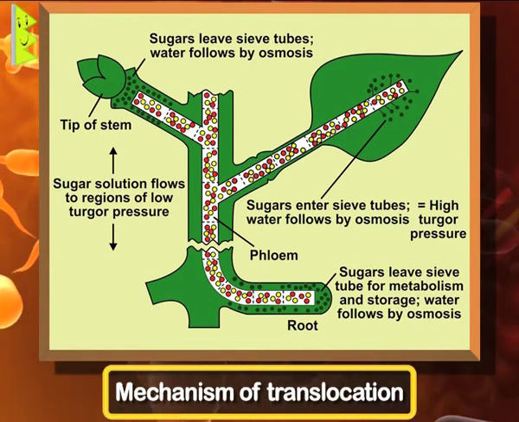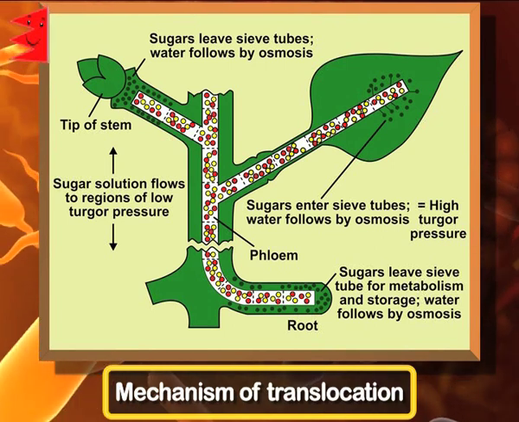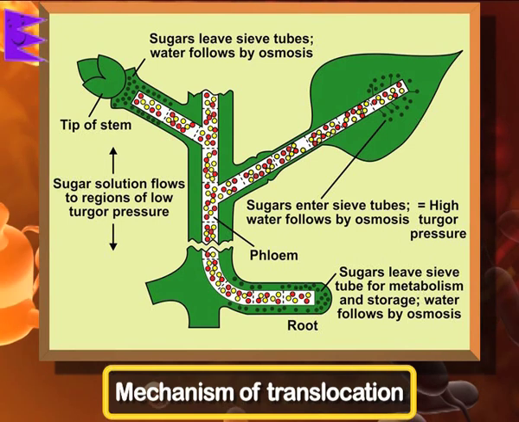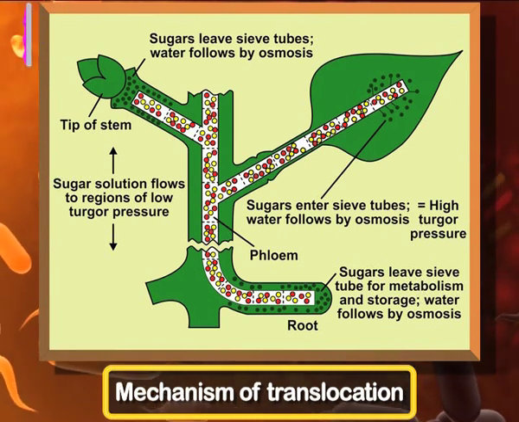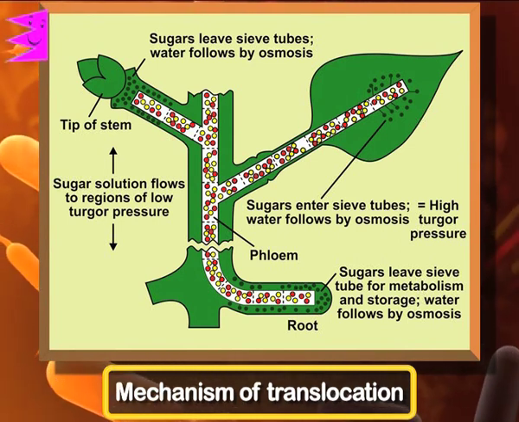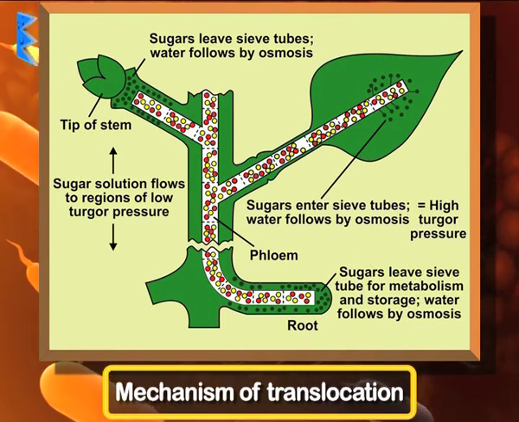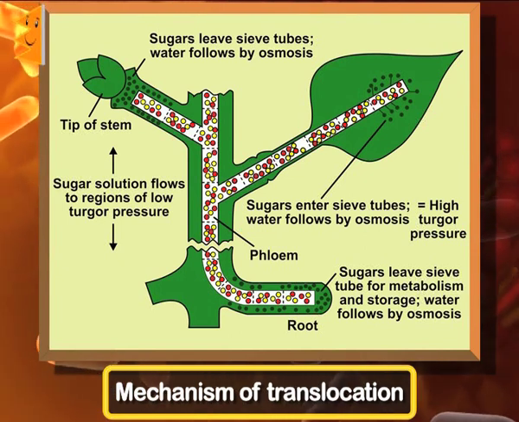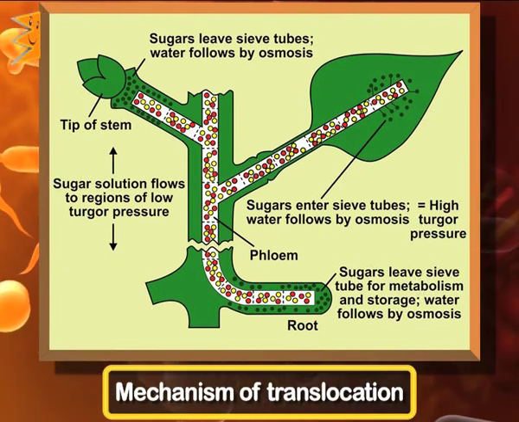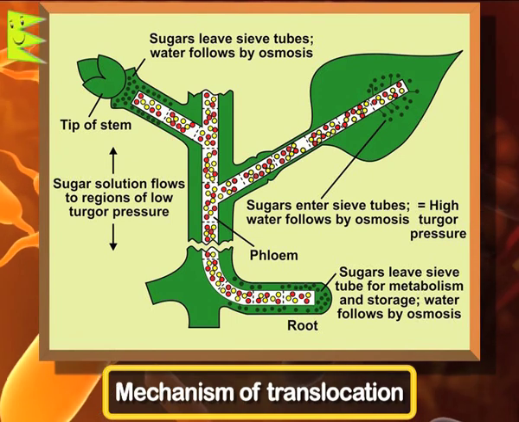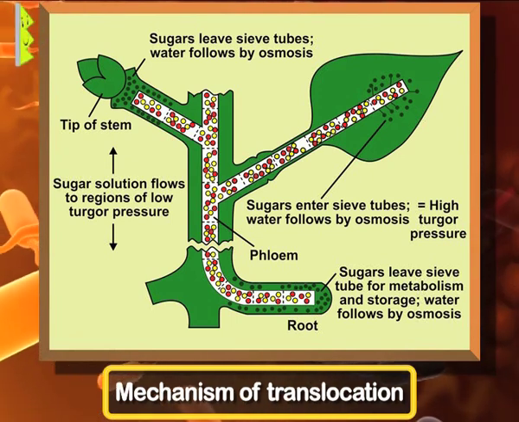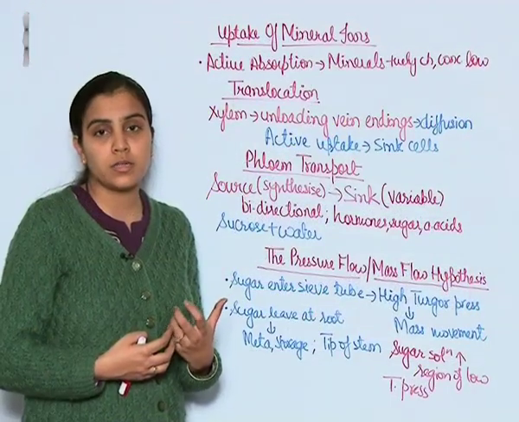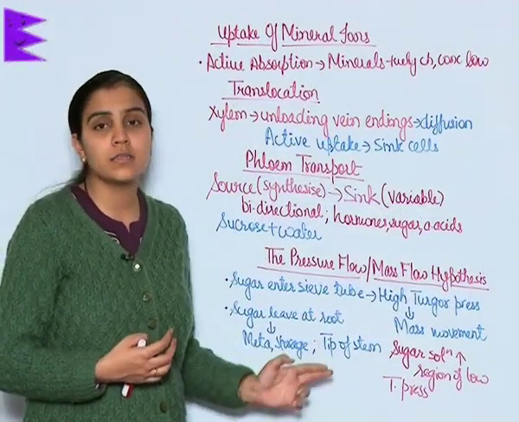When this whole process occurs, the water potential changes, and this change in water potential gives a drive for the phloem sap to move, and that's why the sugar solution moves towards the region of low turgor pressure. You can see in the diagram how sugar is entering the sieve tube, how it's unloading at root and stem for further metabolization or storage, and how sugar is moving.